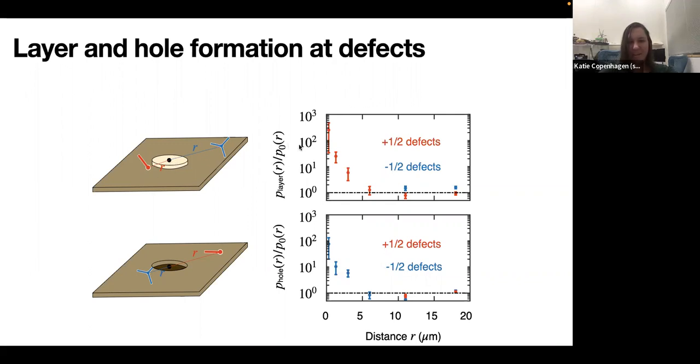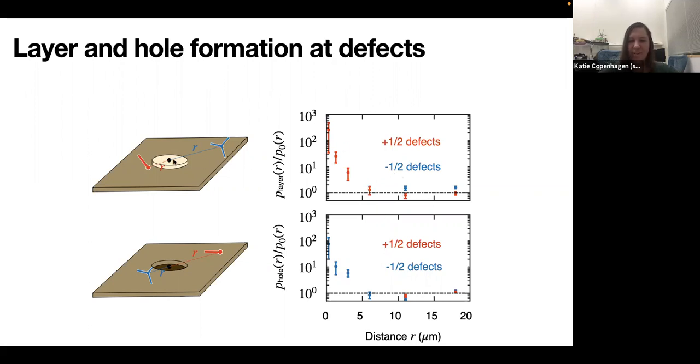We normalize by a random uniform distribution of points to get an enhancement of how much more often you're getting new layers close to positive defects than if it were happening by random chance. Random chance would be a value of 1, which is this black dashed line. And in fact, what you see in the data is that layers are forming close to positive defects about 100 times more often than you would expect if it were just happening randomly. And then it drops off pretty quickly with distance.